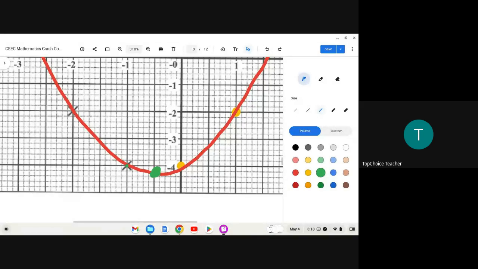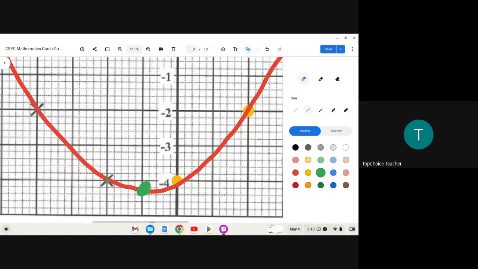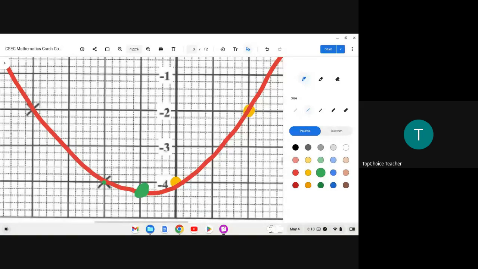So it's going to be around half or 0.5. And what is the y? What is that looking like to you? The y coordinate. To me, it's looking like 4.12. Let me see how it is. Between, we have 5 blocks.